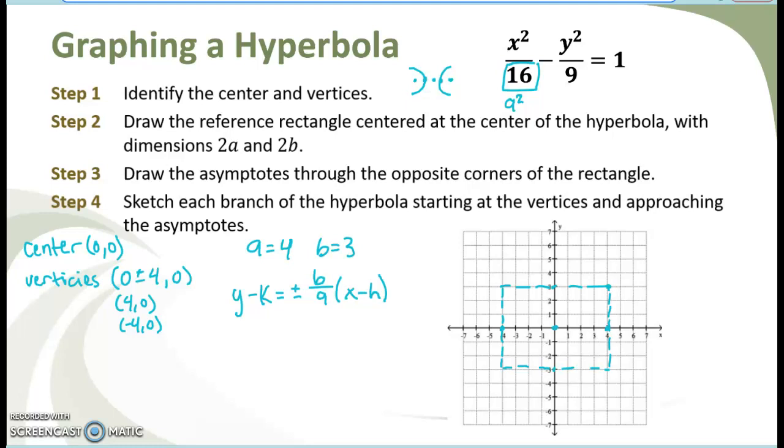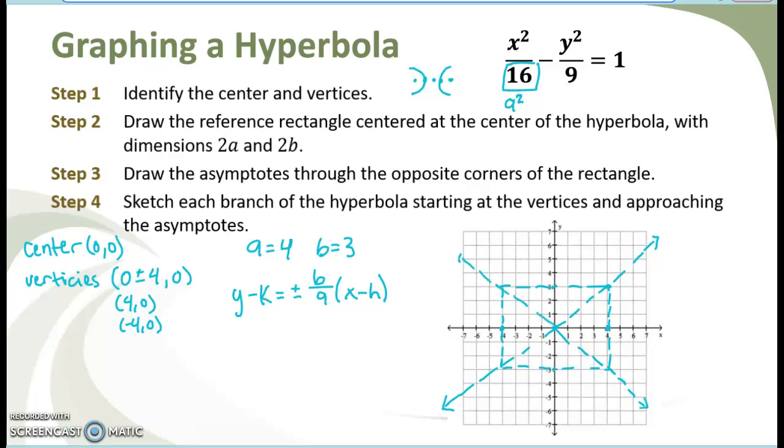So step 3 says to draw the asymptotes to the opposite corners of the rectangle. That's because that rectangle gives us the slope of these lines here. Okay, so there's my asymptotes, like that.